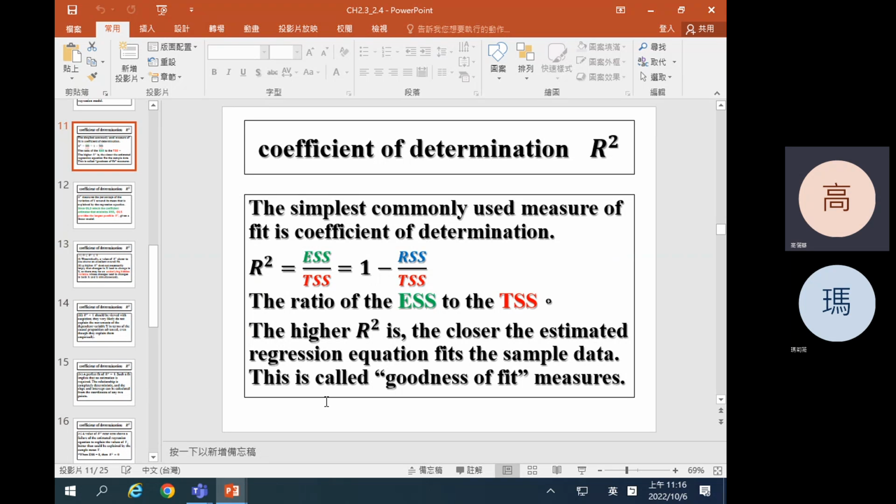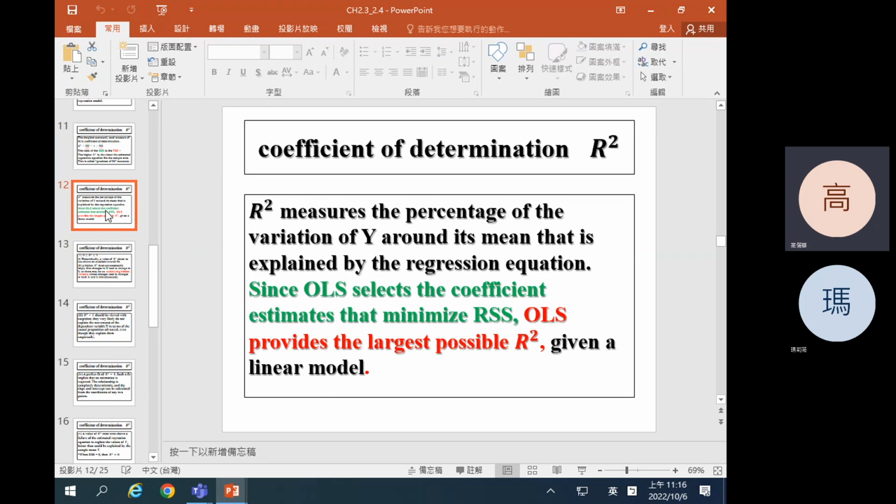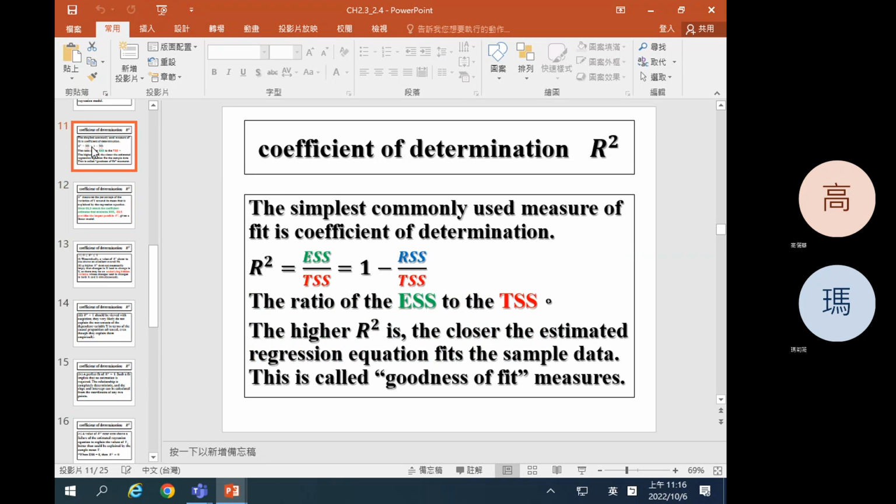So we know the range of R squared is between 0 and 1. We say that the higher the R squared, the closer the estimated regression equation fits the sample data. We call this the goodness of fit measure. So R squared is the goodness of fit measure.